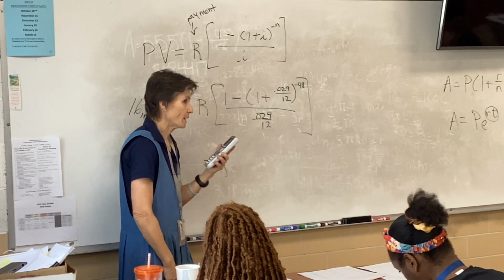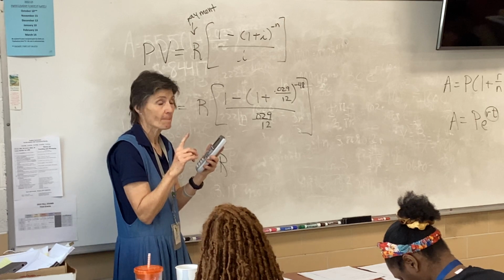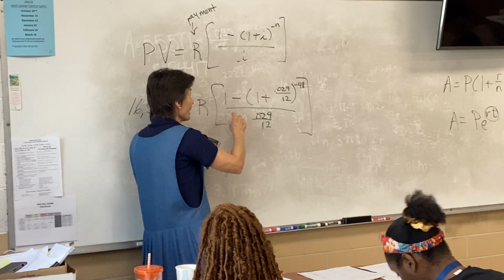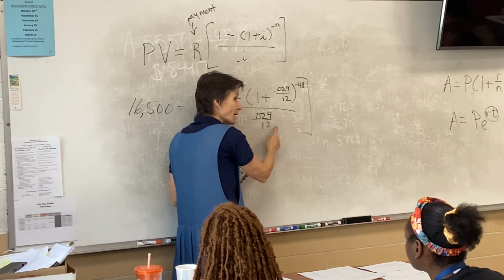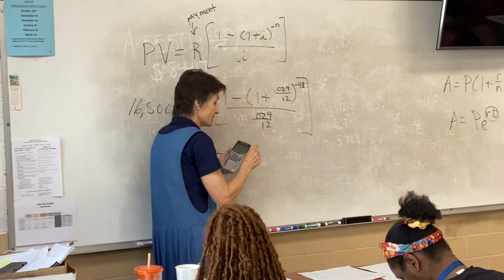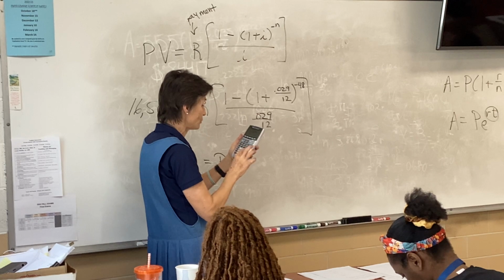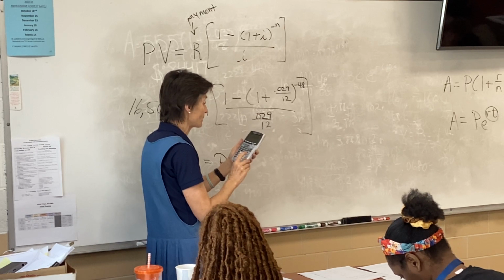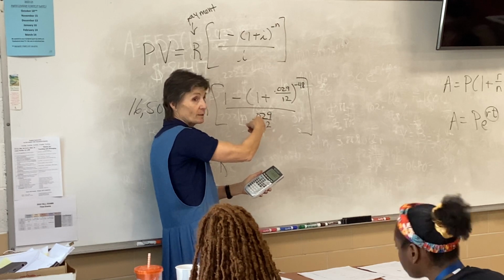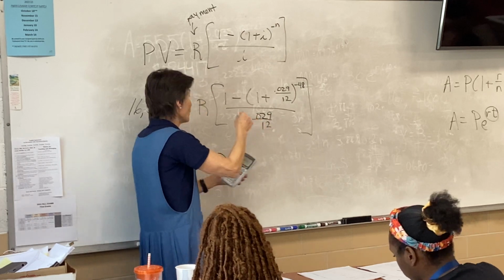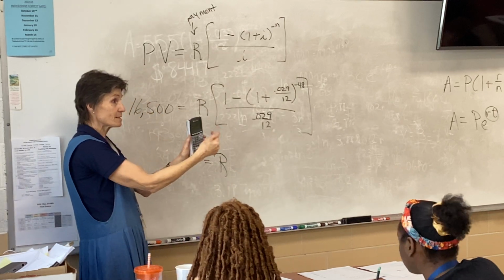Did you get 0.109 for your numerator, just the numerator? Okay, so now I gotta take that and divide it by this. But since this is a fraction, I have to put in parentheses. So divided by parentheses 0.029 divided by 12. Did you get 45? Okay, so now we gotta take this number and divide it by this number.